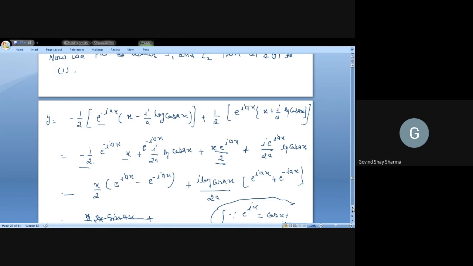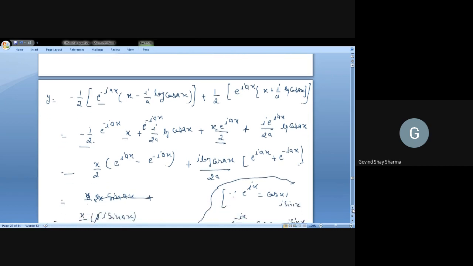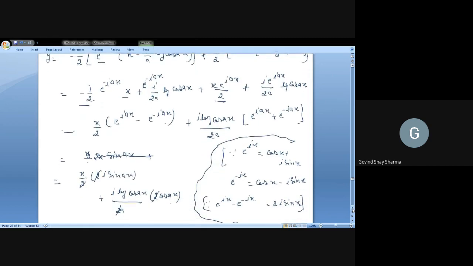On the other hand, we take iota log cos x upon 2a common, and it becomes e to the power iota x plus e to the power minus iota x. e to the power iota x is cos x plus iota sin x, and e to the power minus iota x is equal to cos x minus iota sin x. So e to the power iota x minus e to the power minus iota x becomes 2 iota sin x.